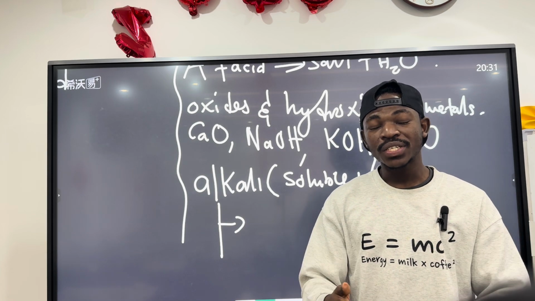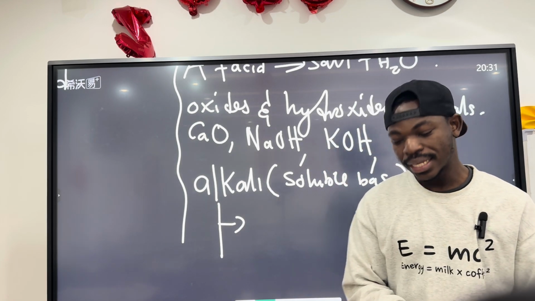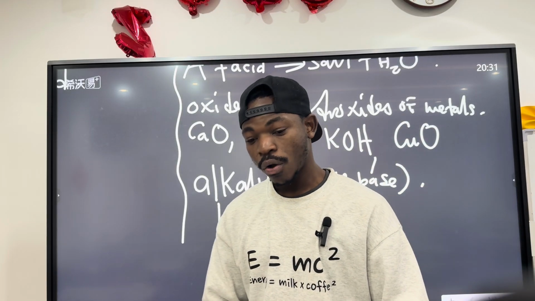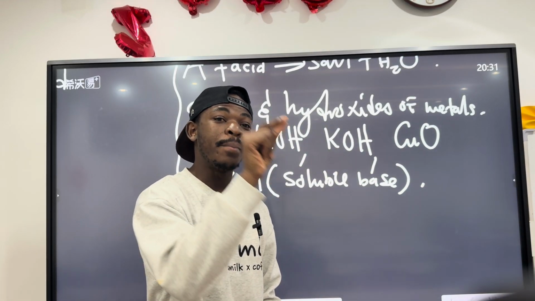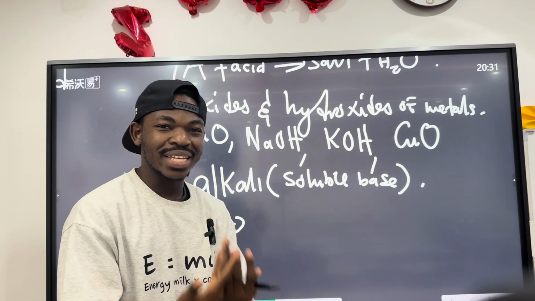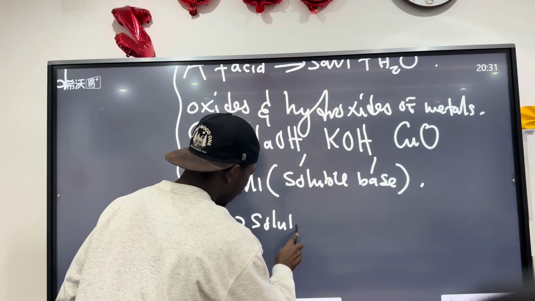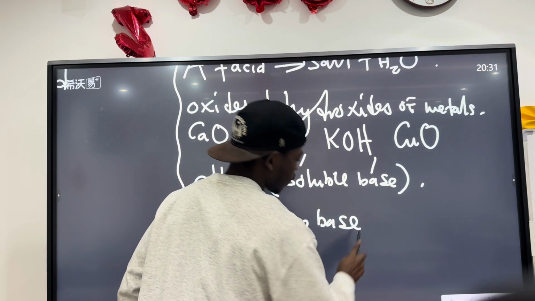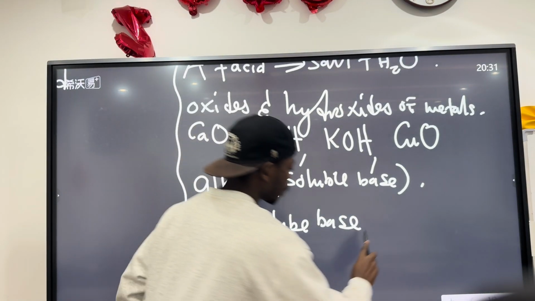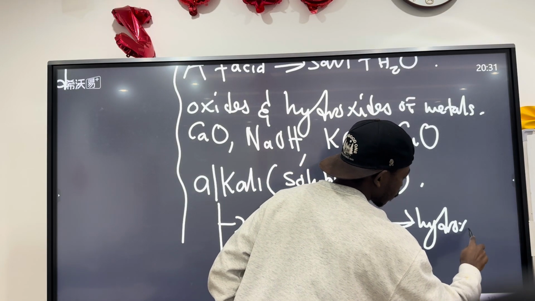So an alkali is a substance, or you can say it is a soluble base that dissolves in water to produce hydroxide ions. So an alkali is a what? A soluble base. And once it dissolves in water, it will produce hydroxide ions.